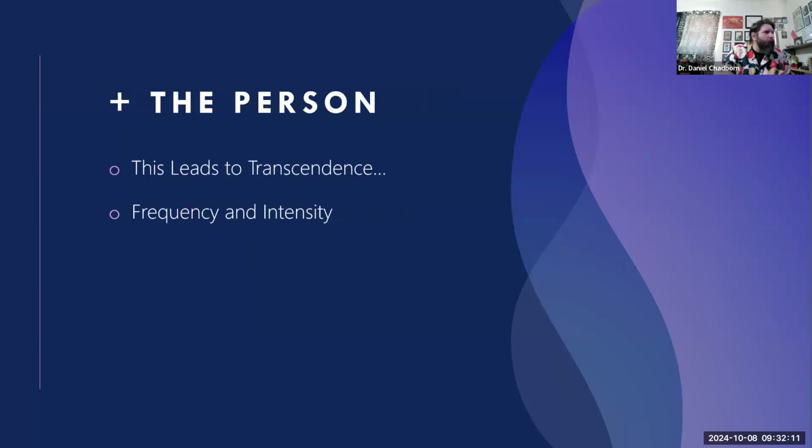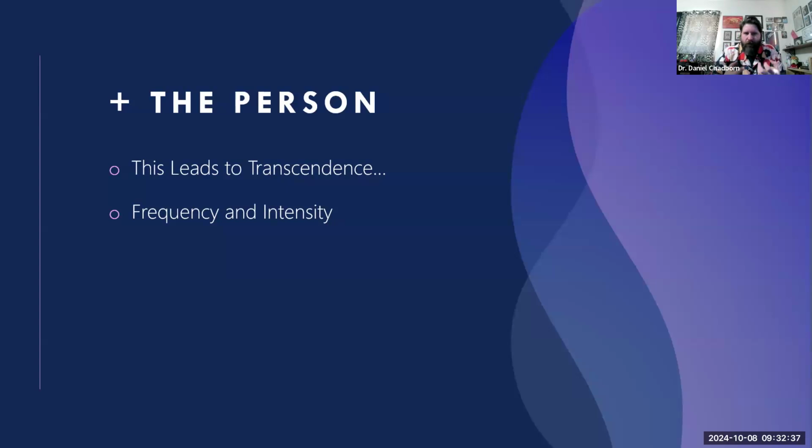And what we should likely see is to take it a step further with Thrash and Elliot's work, to not only look at the from or the by and the to side of inspiration, but also the frequency that they're inspired and the intensity of their inspiration, which is what Thrash and Elliot also examine. The higher the frequency, the more they're being inspired, so the more we should see that motivation.